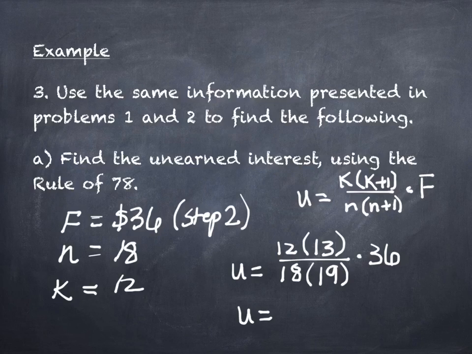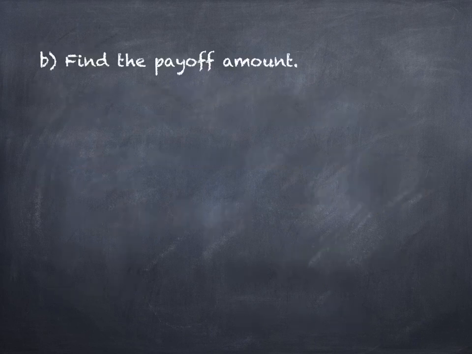So I think it's 16.42. Did somebody else get a value? Oh, good. Me too. So using the rule of 78, you only save $16.42 in interest for paying it off early.